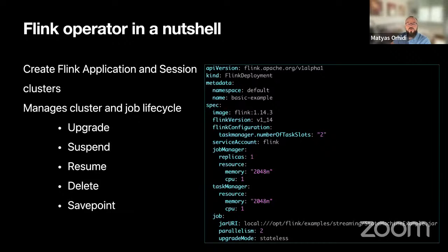The operator extends the Kubernetes API by defining so-called custom resources, which are essentially new object types that an API server understands. In our case, a Flink deployment custom resource can describe application and session clusters.